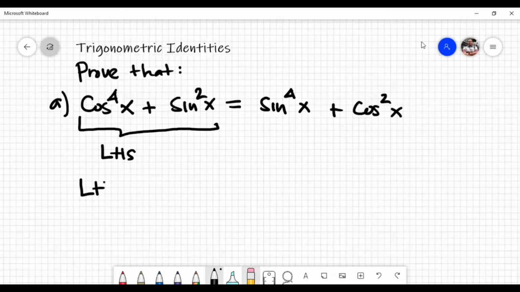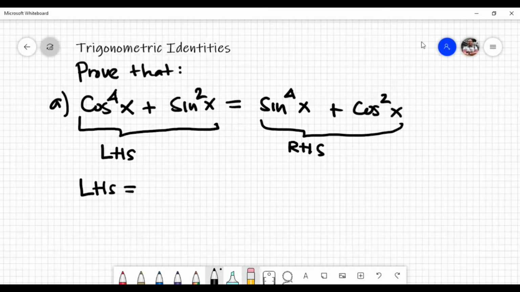I take this expression and I'm gonna try to prove whether the expression on the left-hand side can be written as the expression on the right-hand side. Okay, so this is right-hand side.